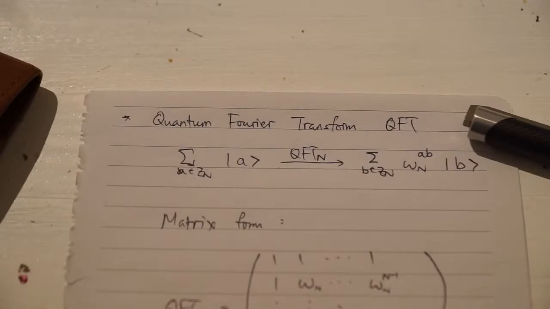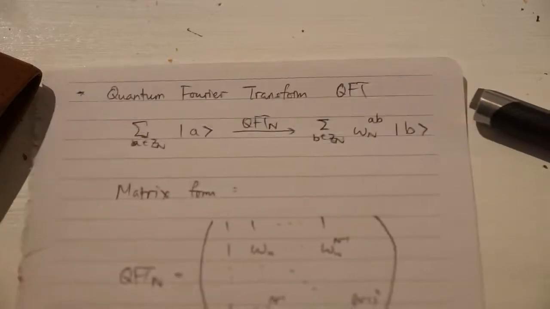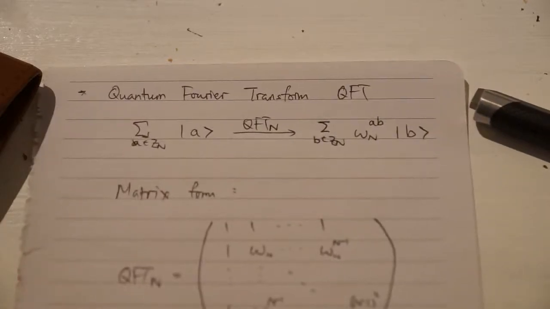So let me remind you of a main ingredient of the algorithms, which is the quantum Fourier transform, or QFT. For each integer n, we can define a QFT for n, denoted by QFT subscript n, which maps this superposition of quantum states into this other state.